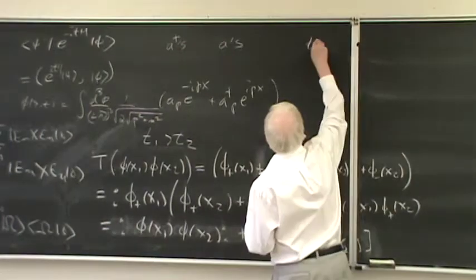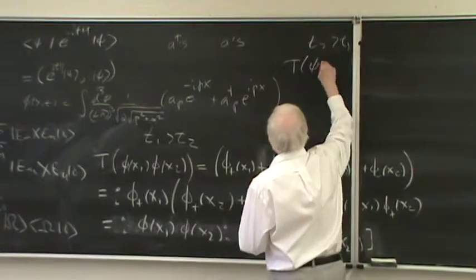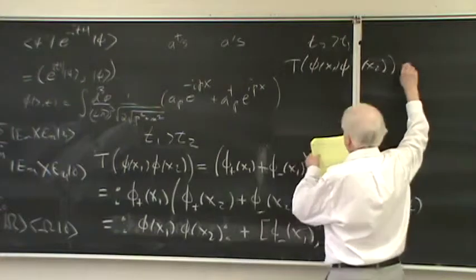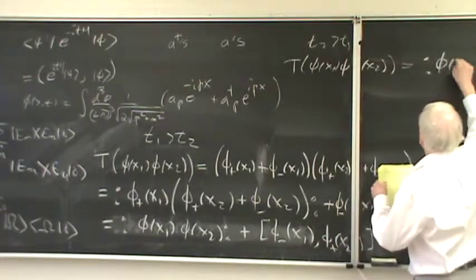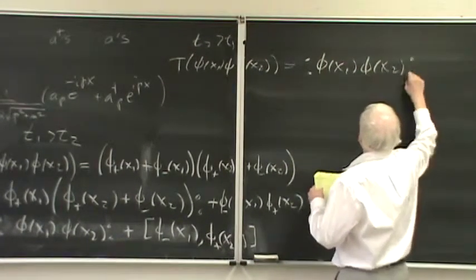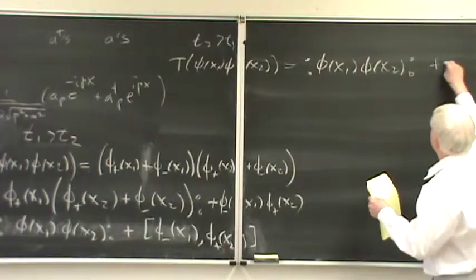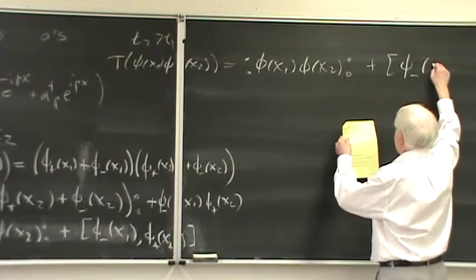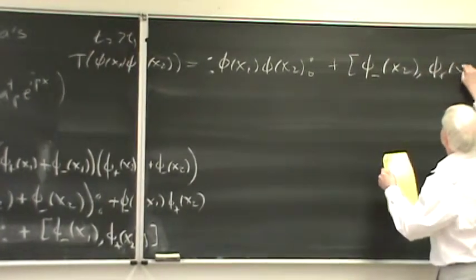For T2 greater than T1, the rule is that the time-ordered product of phi of x1, phi of x2, well, it's got to be the same thing, but with T1 and T2 interchanged, and the normally ordered product doesn't care about the time ordering. But now what we have is the commutator of phi minus of x2 with phi plus of x1.